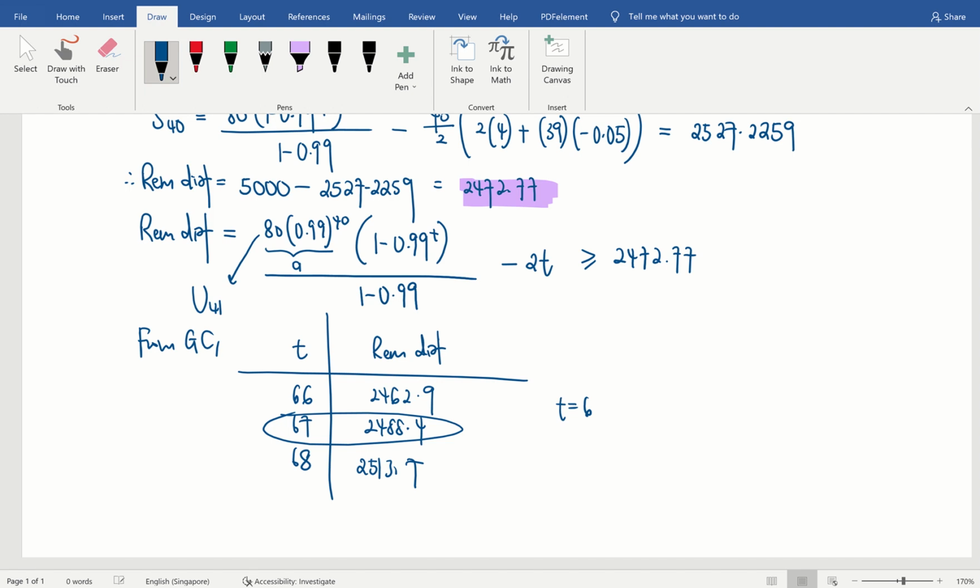And t here is the time from the 41st minute onwards. Which means the total time should be 107. Yes, total time equals 67 plus 40, so 107.